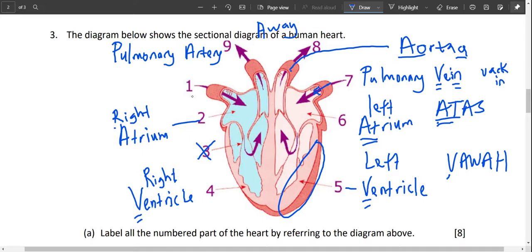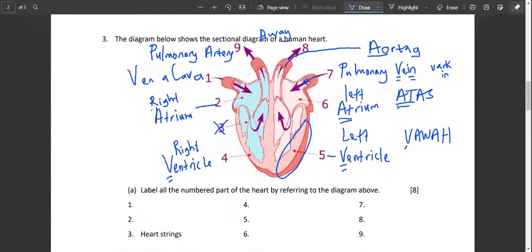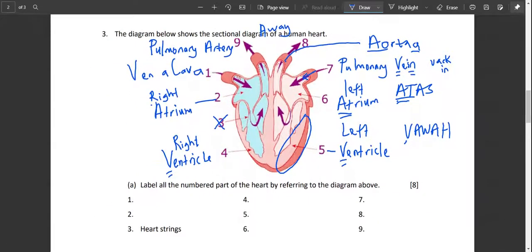While this one, since it comes back from all parts of the body, you choose A, and then since it comes back, V, C, therefore vena cava. And if you fill in everything correctly, you will get 8 marks. That is a lot of marks for this question.